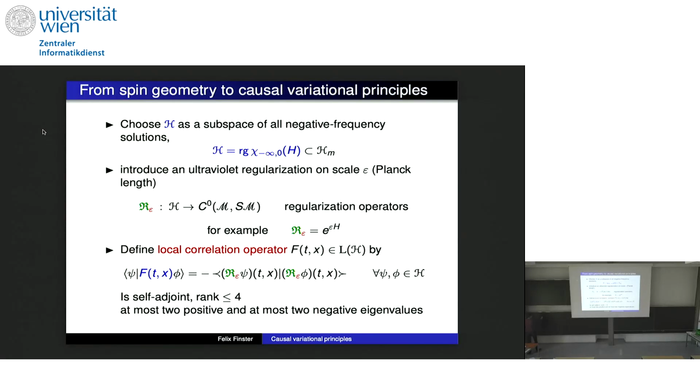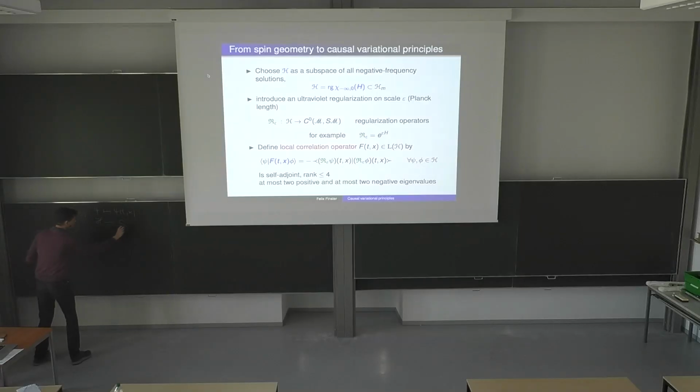You can say, I introduce an evaluation operator, which maps psi to psi of t comma x, from our Hilbert space to the spinor space at the point x. And then in fact, this F of t,x can be written as minus E_tx star times E_tx. And then you see, since this maps to a four-dimensional space, it can have rank at most 4. And then if you take this E star E combination, the rank stays at most 4.